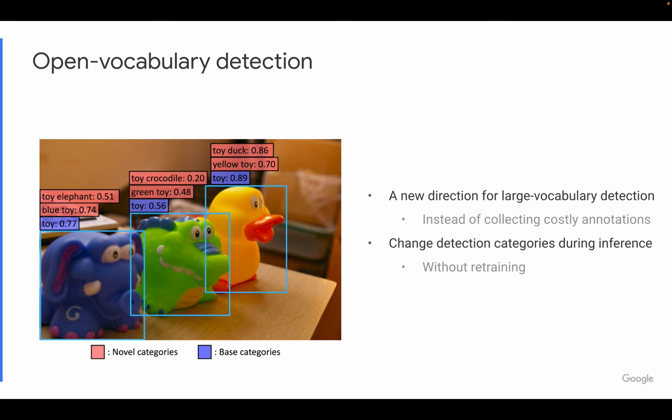Open vocabulary detectors, on the other hand, can detect objects described by arbitrary text inputs. And it serves as a new direction for large vocabulary detection. Instead of collecting these costly annotations for the rare categories, it also changes detection categories during inference time without the need of retraining.